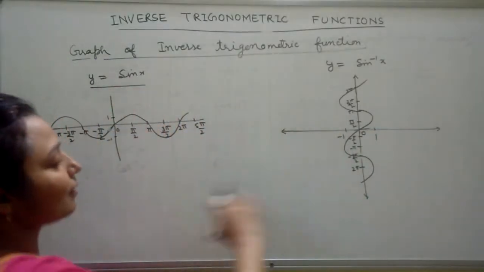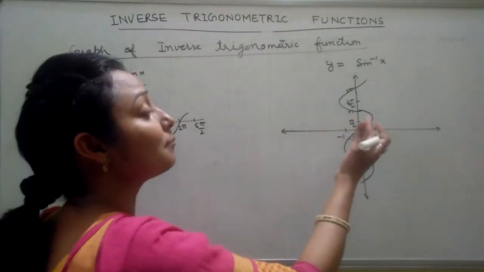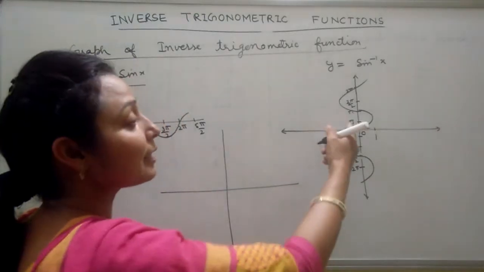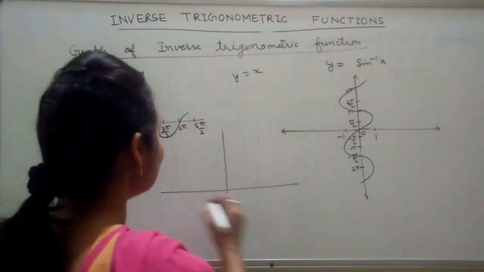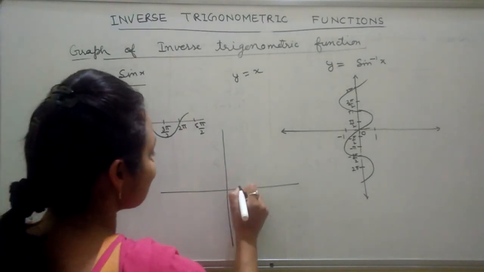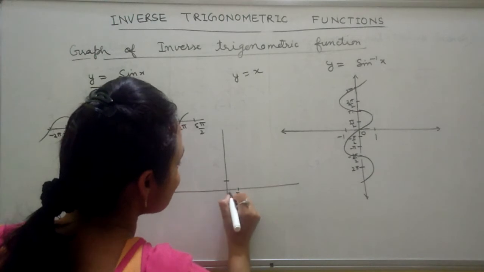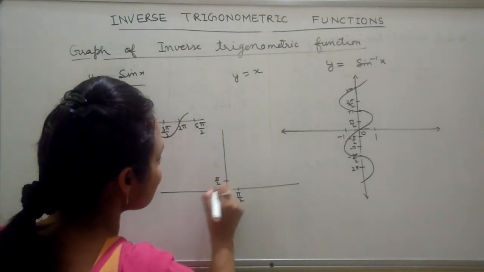But the question is how the inverse function is the mirror image of this one. Draw both. It is a mirror image about the line y equals x. Mirror image how? Here we have pi by 2, this is 0, this is pi by 2, negative pi by 2, positive.